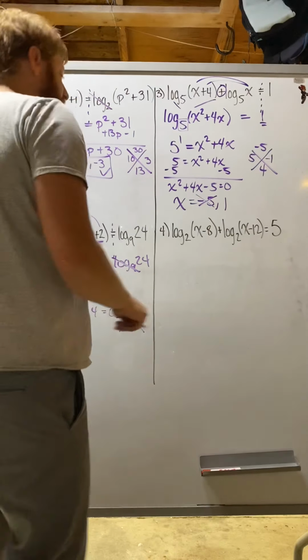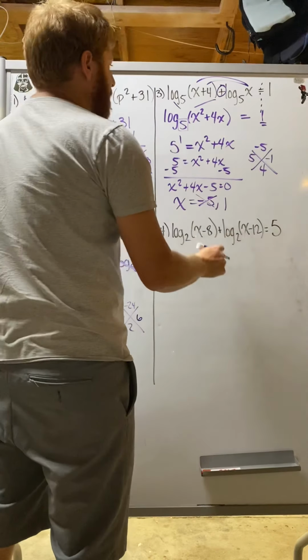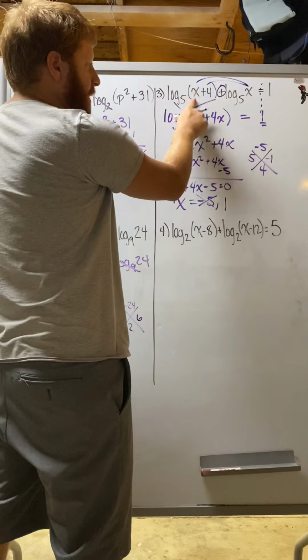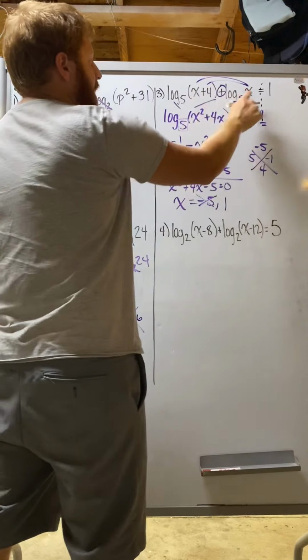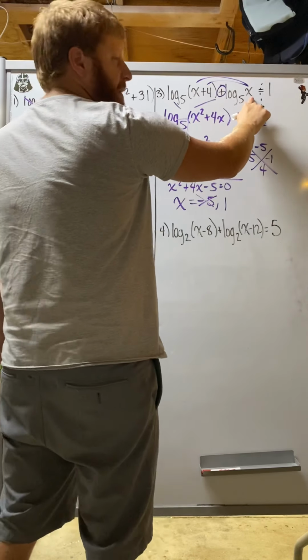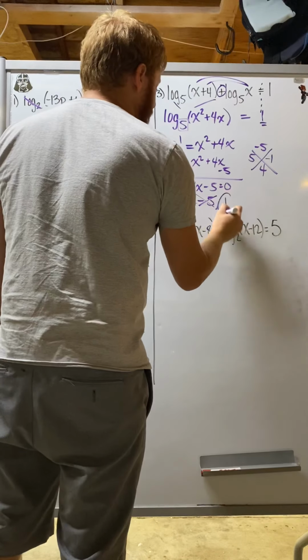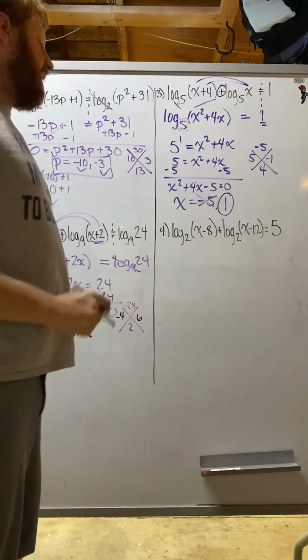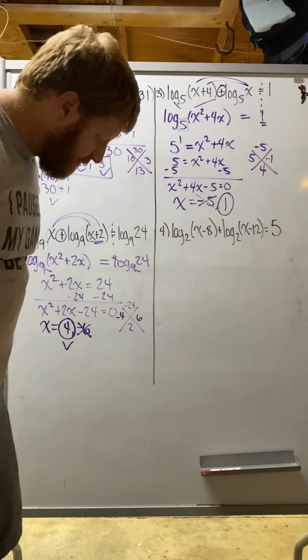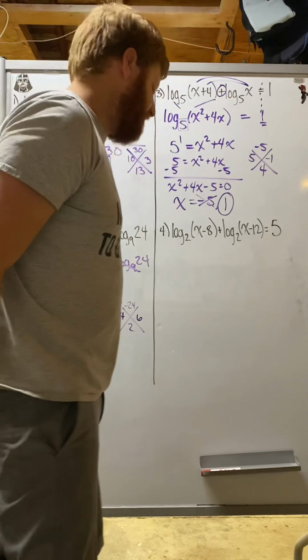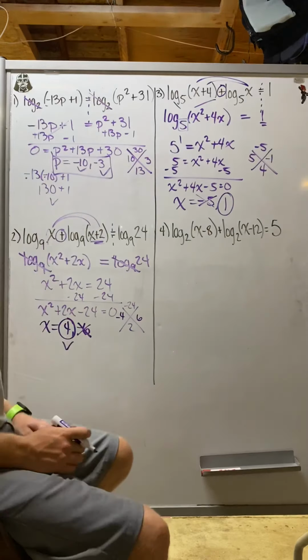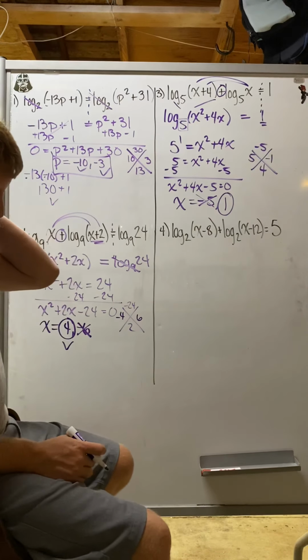Okay? 1. Let's check 1. Plug it back into this x. 1 plus 4 is 5. That's okay. Plugging it into here, because it's another spot that I have an x, is positive 1. I can use positive 1 because it's positive. So the only actual answer I'm allowed to use here is positive 1. Okay? All right. On to number 4.